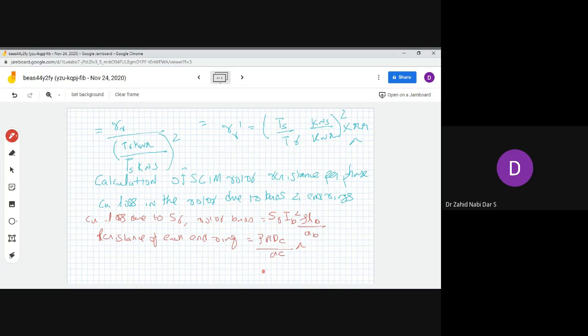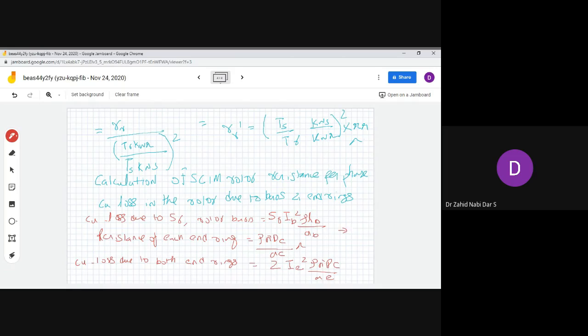Also, because you have two end rings, top and bottom, you have to account for both end rings. So the copper loss due to both end rings would be twice the end ring current IE square into the resistance, rho pi dE by AE.